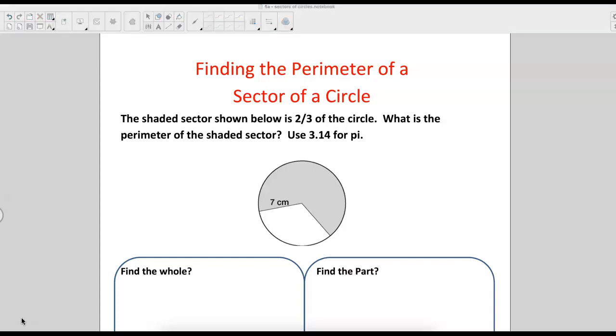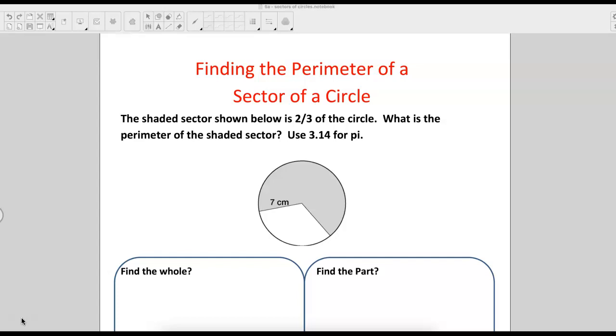Okay, so on this circle, we want to find the perimeter of the sector that is shown. The shaded section, which is 2/3 of the circle. Before we can find the perimeter, let's walk through what that means. Perimeter means what? The outside.